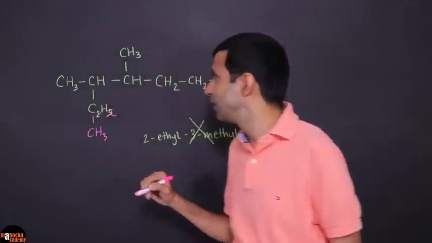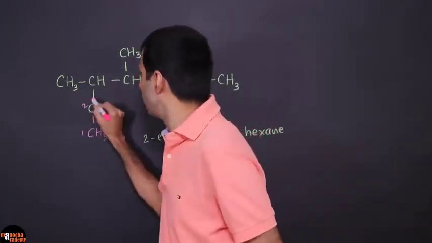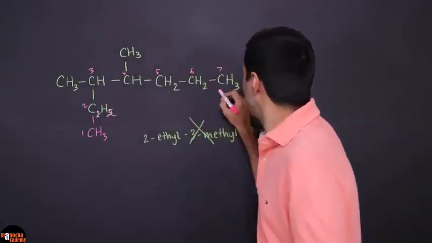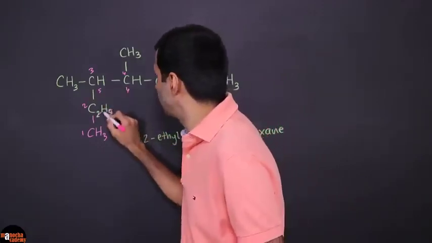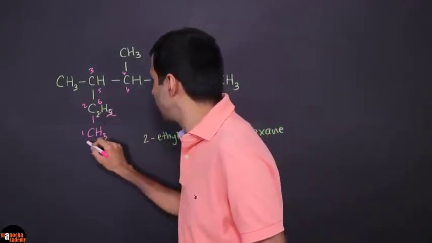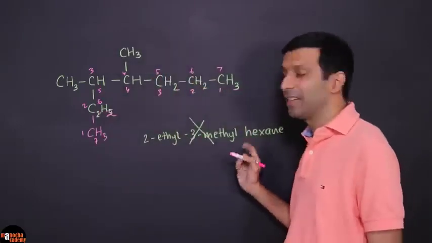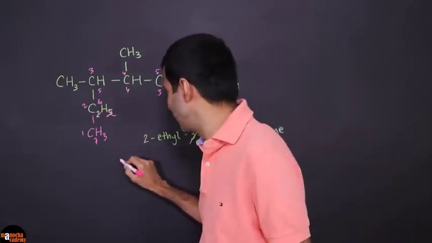So I just expanded the ethyl there for you, and let's number our longest carbon chain here. So 4, 5, 6, 7, and again backwards, 1, 2, 3, 4, 5, 6, 7, right? So this is not basically a hexane, it's a heptane, right?